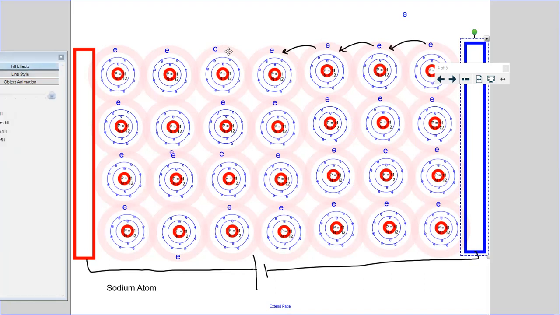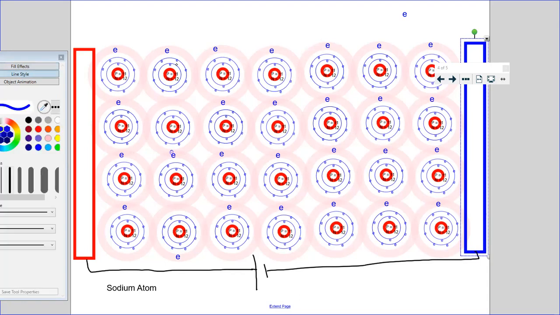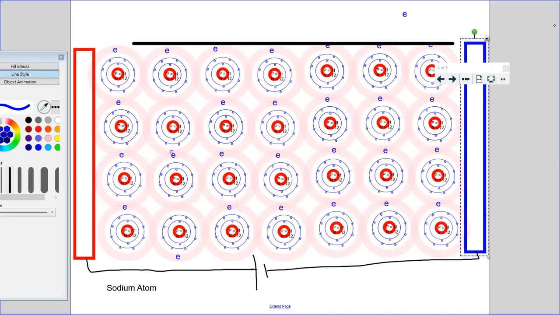Why? Because they are being pushed by the electric field, right? So they will start to move in a particular direction. All of these electrons start moving from left to right. Sorry, from right to left in this case. Got it? All these electrons start moving.